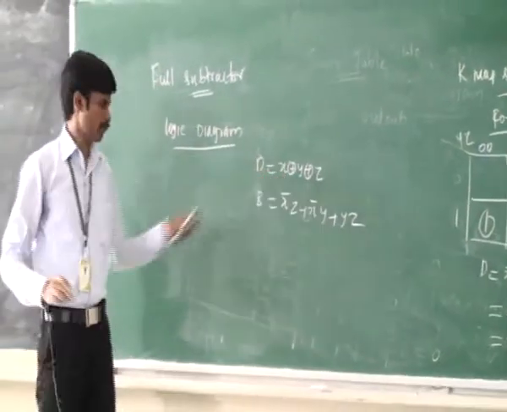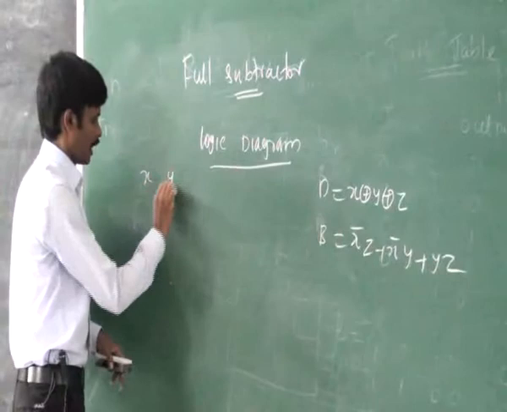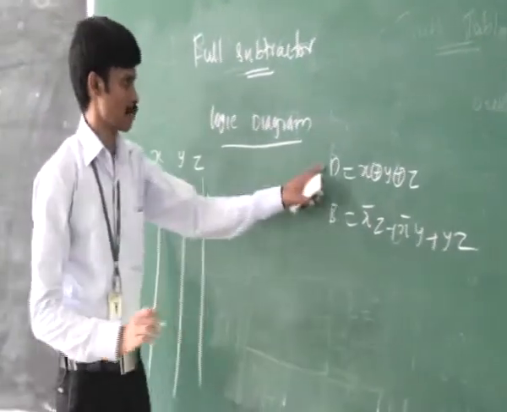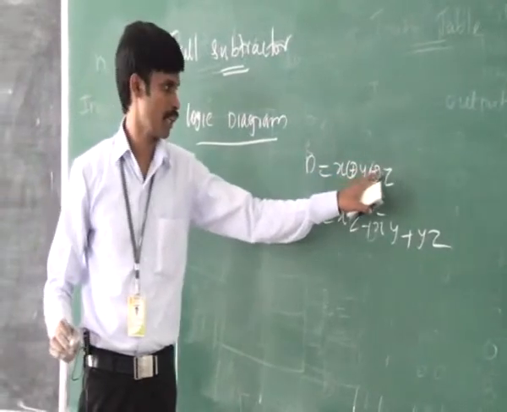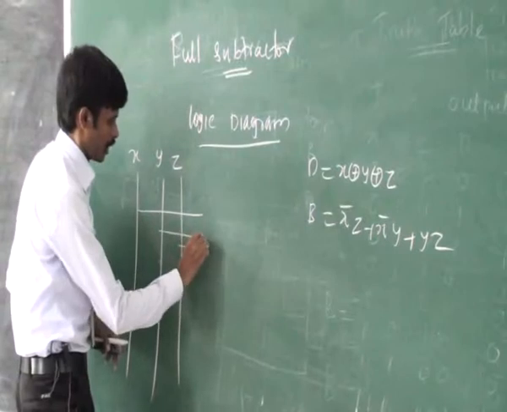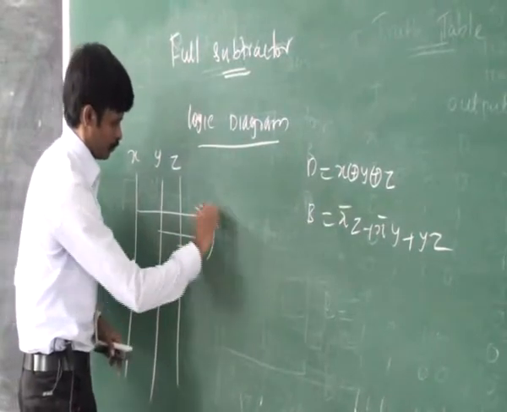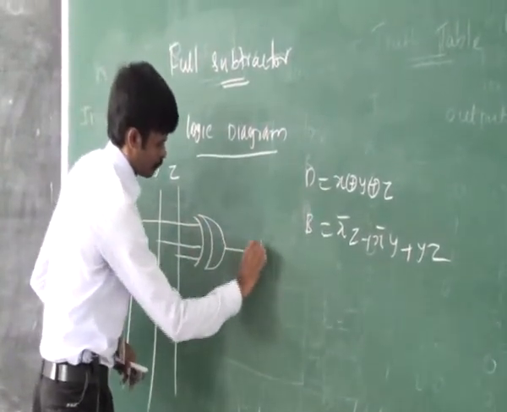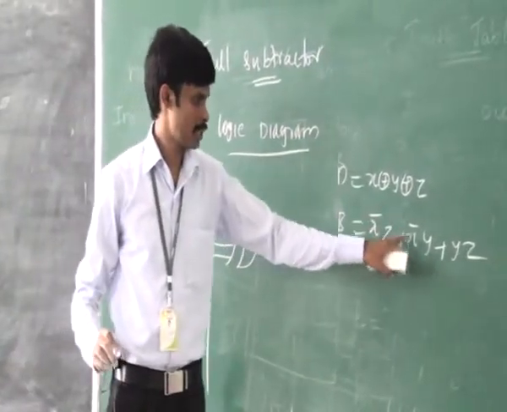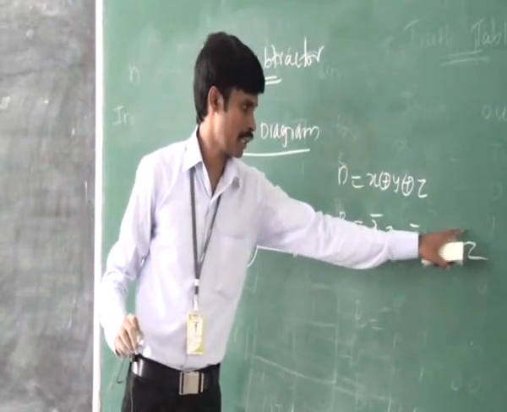Actually here we have 3 input variables x, y, z. Then the difference expression will be x XOR y XOR z, so we need a 3 input XOR gate to get the difference. Then the borrow expression will be x bar z plus x bar y plus y z.